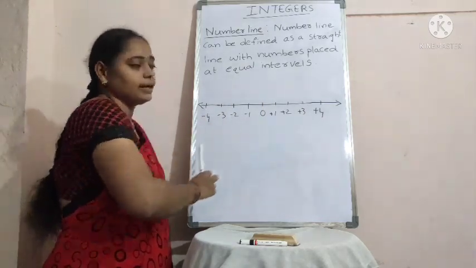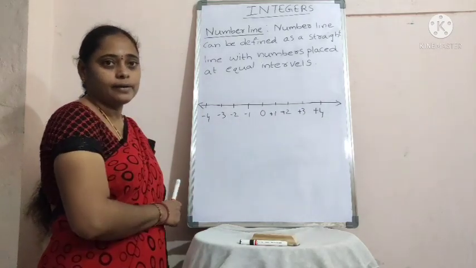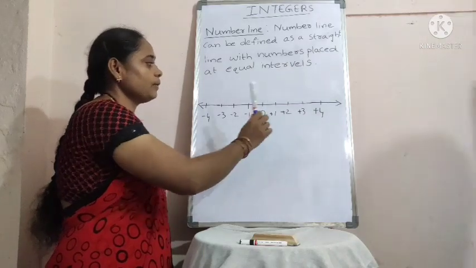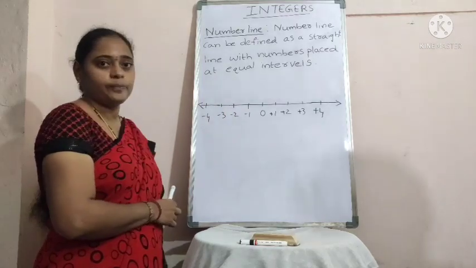Draw a straight line. Mark 0 at the center of the straight line and place positive values to the right of 0 and negative values to the left of 0.